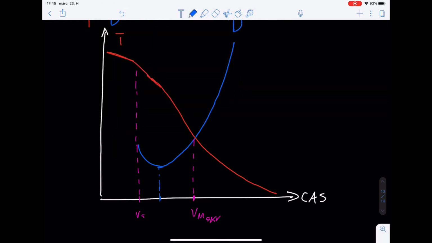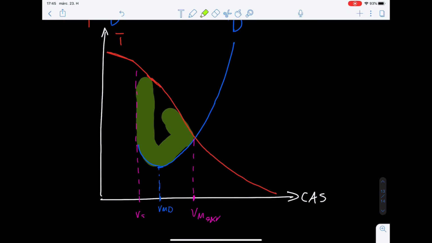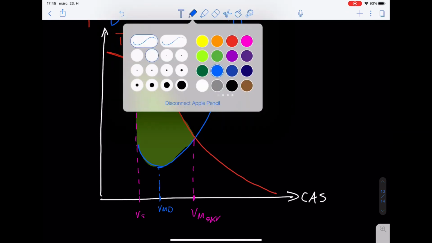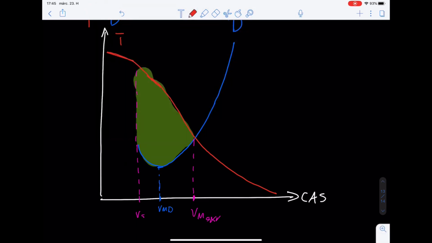So here you have the VMD, and this is the area, sorry, it's a bit thick. So approximately, this is the area which you can use for the excess thrust calculation. Generally speaking, this value is going to be somewhere right here.